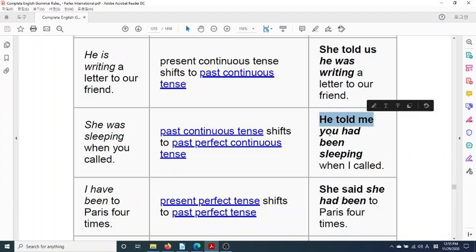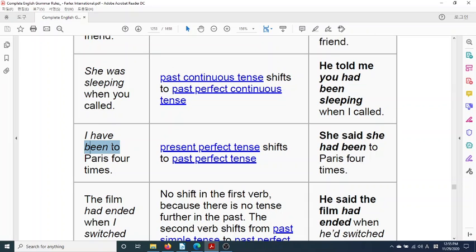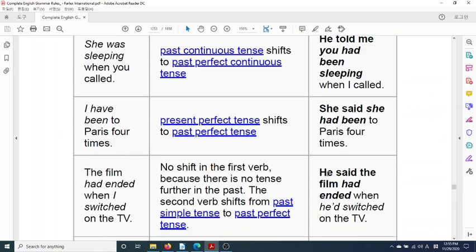He told me you had been sleeping when I called. I have been to Paris 4 times. So this is present perfect tense, so we need to make it past perfect tense. She said she had been to Paris 4 times.